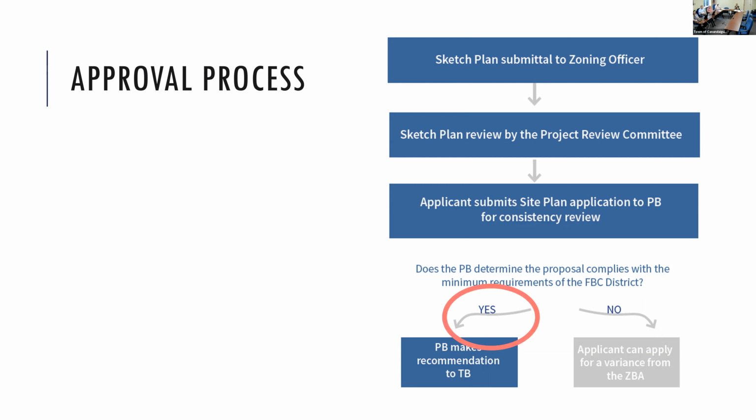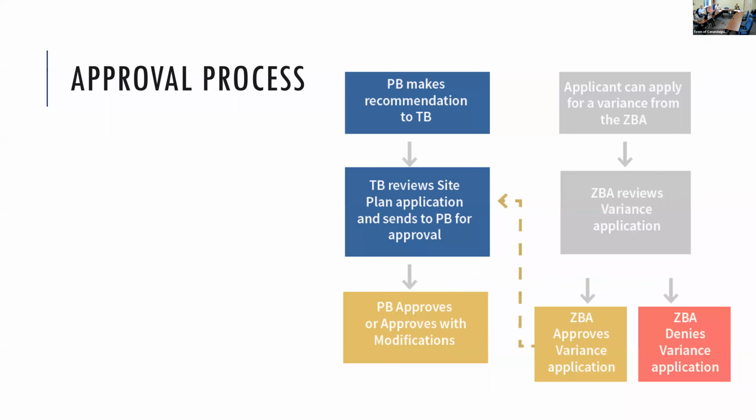And then the next slide shows, okay, yes, it complied. So now the planning board makes that recommendation to the town board. Town board, hopefully, if it's all in compliance, is then sending it back to the planning board for approval, or if not, it's obviously going on the other path that would then take it to the ZBA for a variance application.